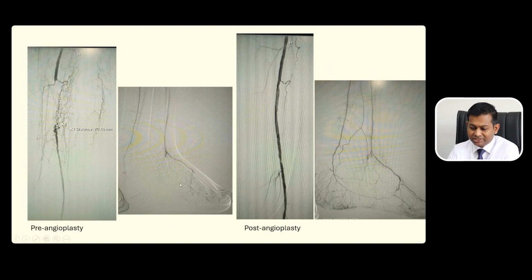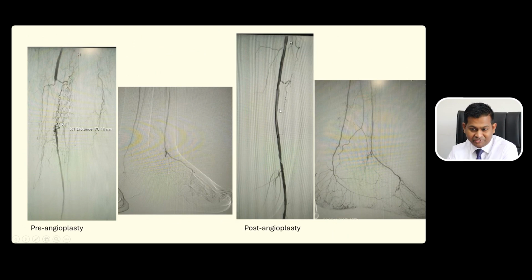This is actually a 72-year-old male patient who came with an ulcer in the toe area. So this is what we did. We did angioplasty. We put some wires down, we went through this area, we put some balloons here, and ultimately we opened up.